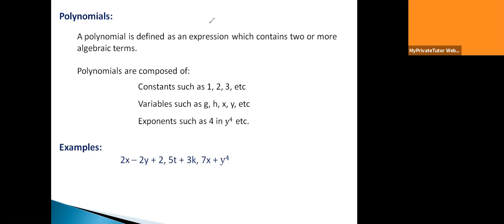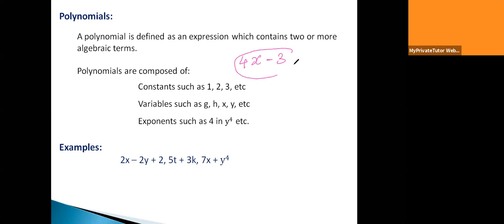So what is an algebraic expression? The expression which contains two or more algebraic terms. For example, 4x is one term, minus 3, which means we have two terms now. So this is an algebraic expression.